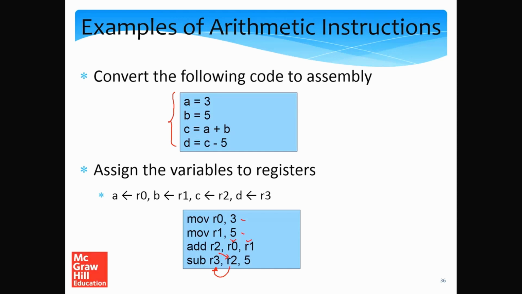First is assign the variables to registers. That is step 1. Step 2 is that after the assignment, each and every high level statement gets converted to assembly. So the important point that all of you need to note is that writing assembly programs is pretty much similar to writing high level programs.